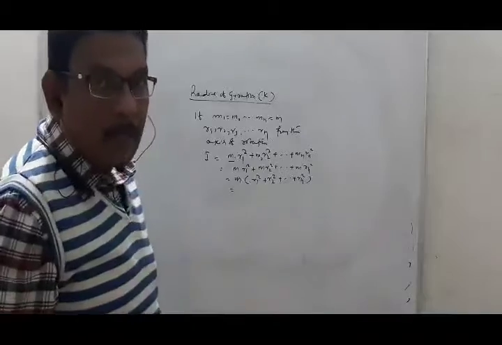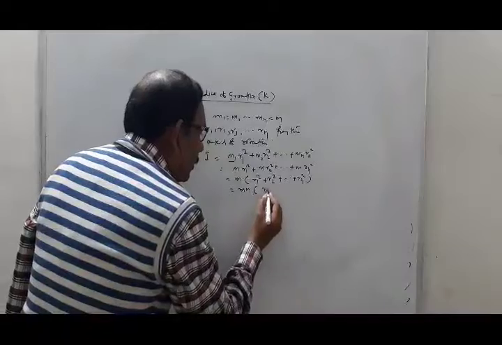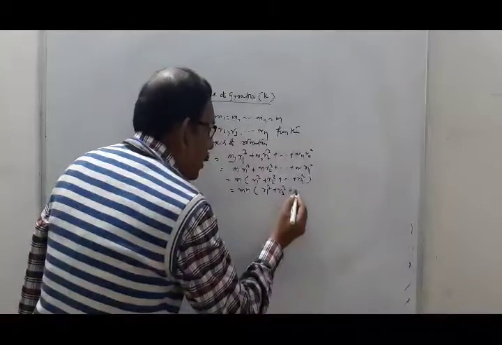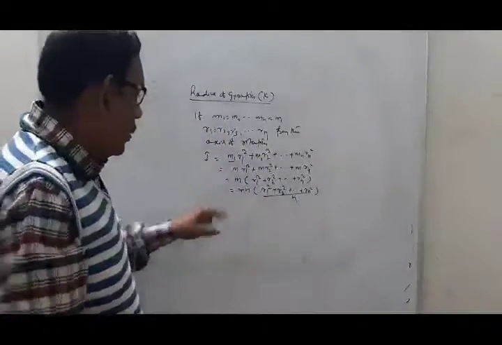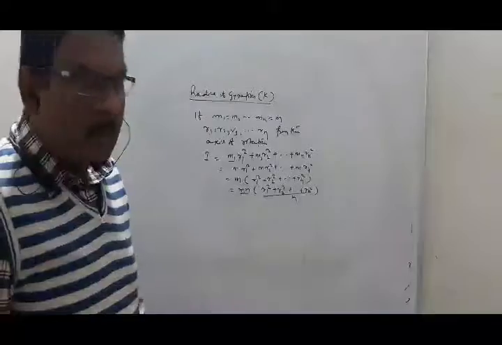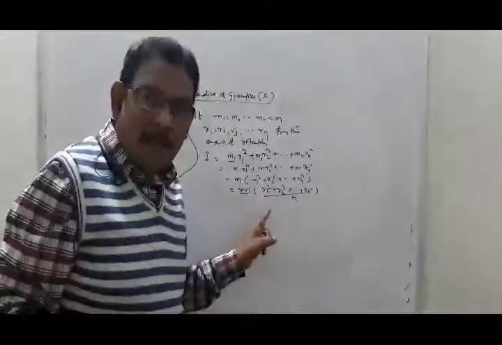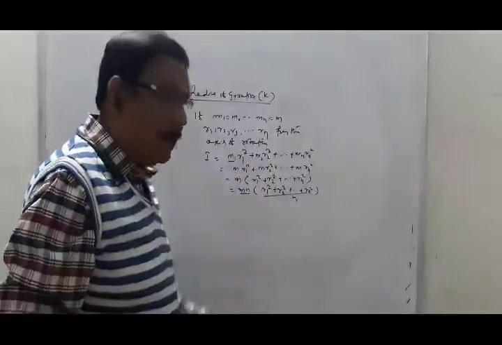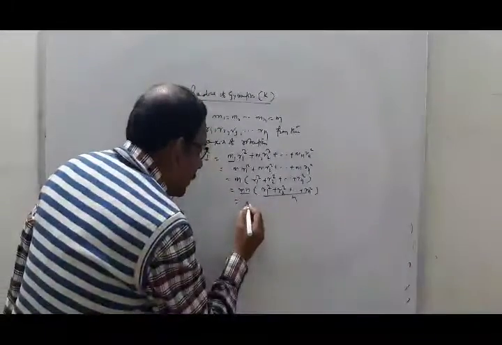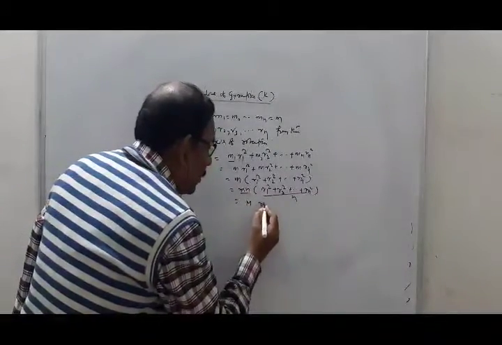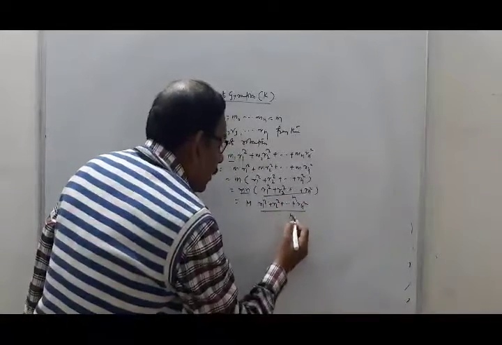Now multiply by the number of particles n in numerator and denominator. The factor m times n, where m is the mass of each particle and n is the number of particles, gives the total mass of the rigid body. So write capital M here, times r1 square plus r2 square up to rn square, divided by n.